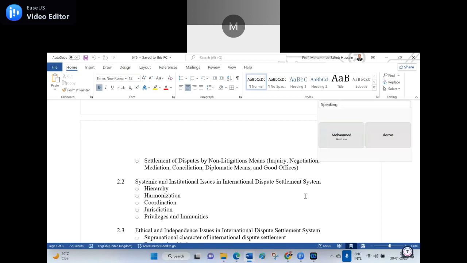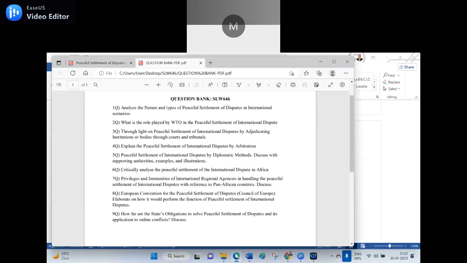You are right, Prof. And the non-litigation means is a diplomatic method, or we can say negotiation, mediation, conciliation, diplomatic means, good offices, inquiry, findings. All these things will come under non-litigation. Is it clear? It is clear, Prof. Yes.